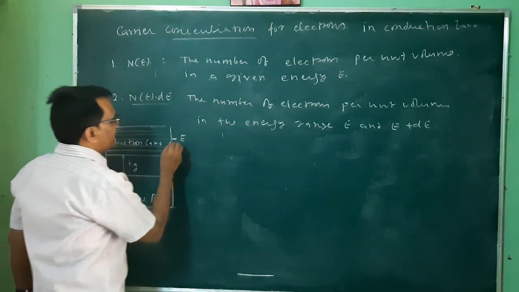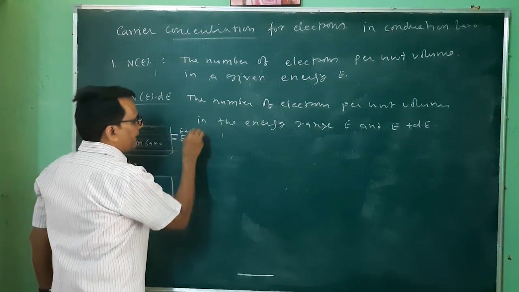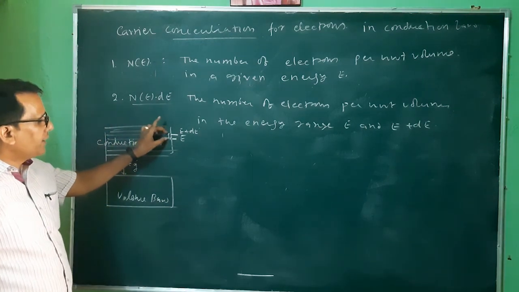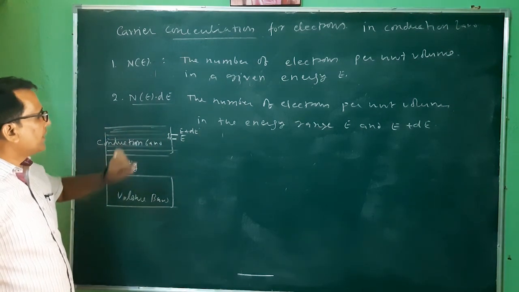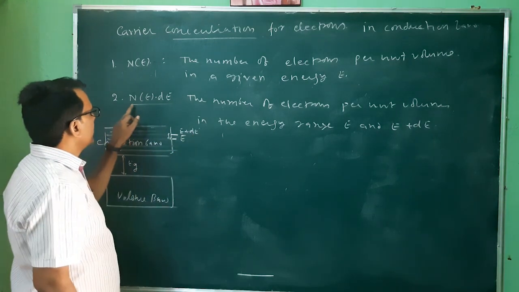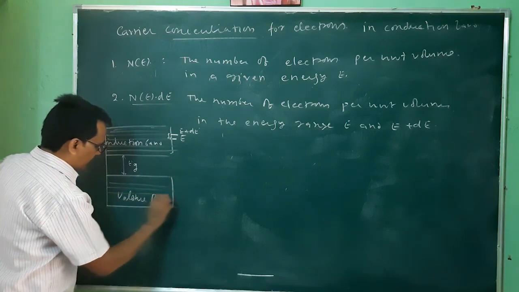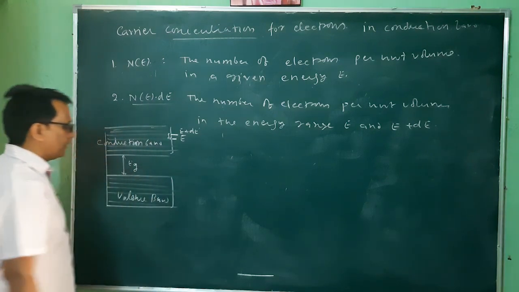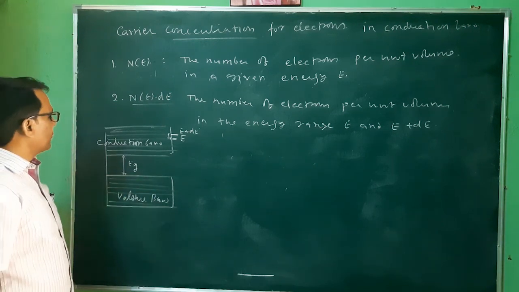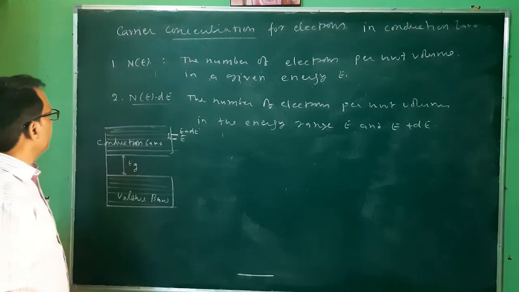If we take another energy level, E plus dE, and consider this energy gap as dE, then the number of electrons per unit volume in this energy gap is represented by N(E)dE. Obviously there will be several states here; this is corresponding to the valence band, and this is the conduction band. We will concentrate on this band only.